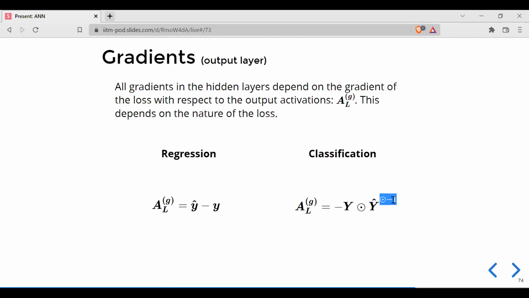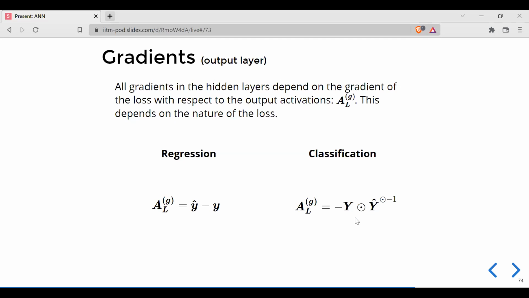This dot I'm not sure about, but what is this AL? This is the output, right? For classification, regression. The y raised to -1, but the dot we didn't understand. I think it shouldn't be here. It's just y hat minus y.